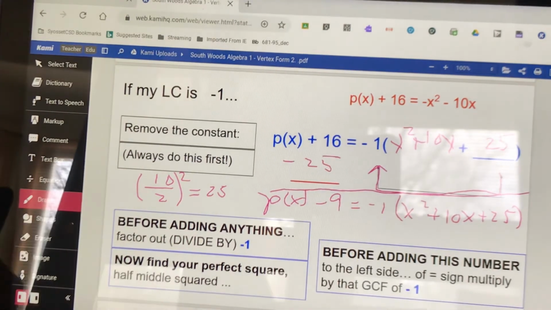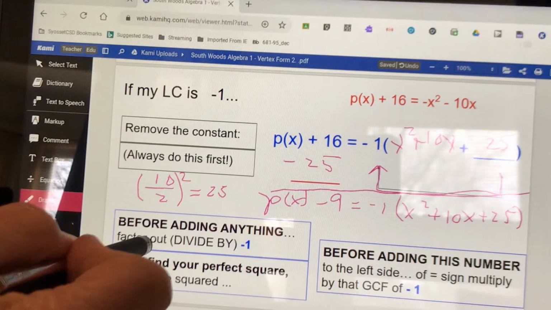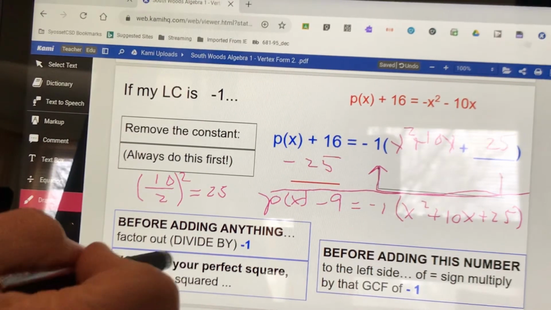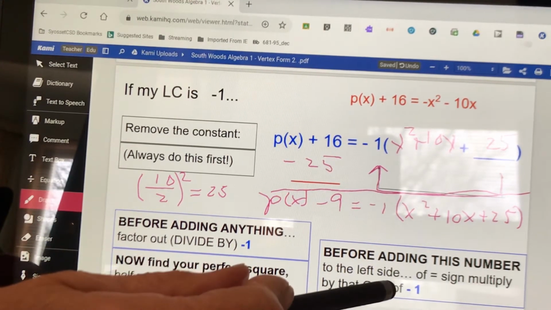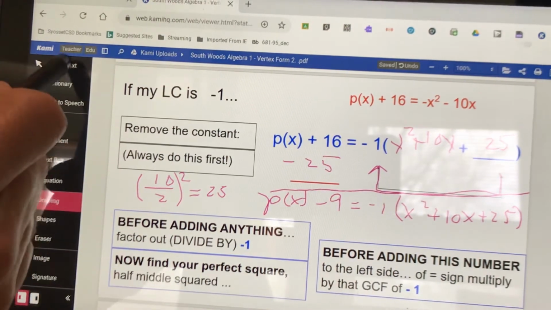Okay, so a couple of the dangers. Before adding anything to either side, factor out the -1. Divide everything by -1. Okay, once you find your perfect square inside the parentheses, before adding it to the left side, you must multiply by the GCF.